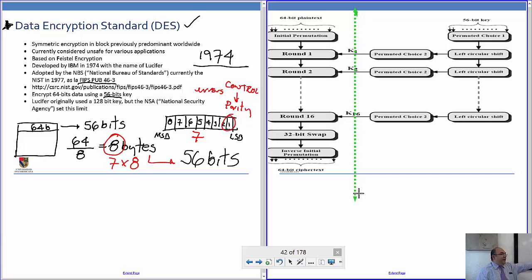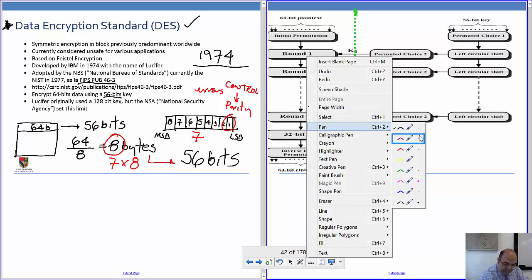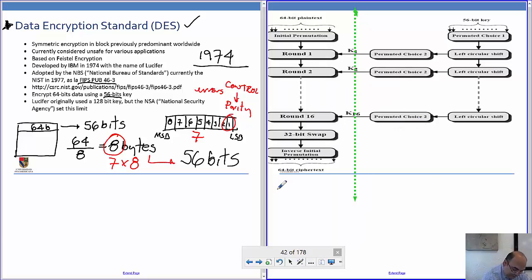We have the left side. This side is, we can say, the cipher side. And this side is the subkey generation.